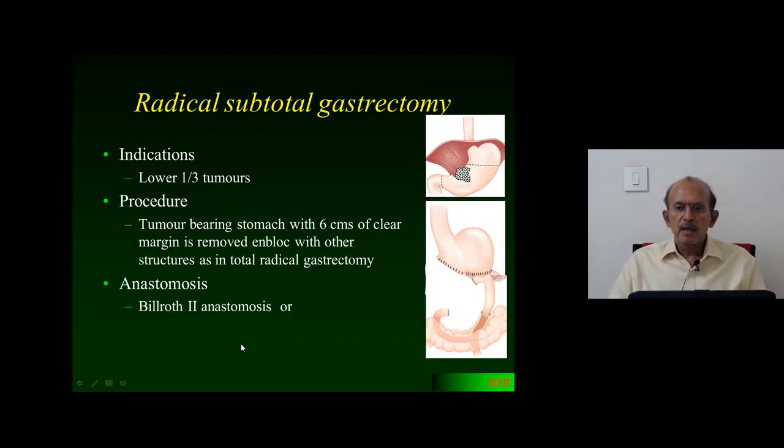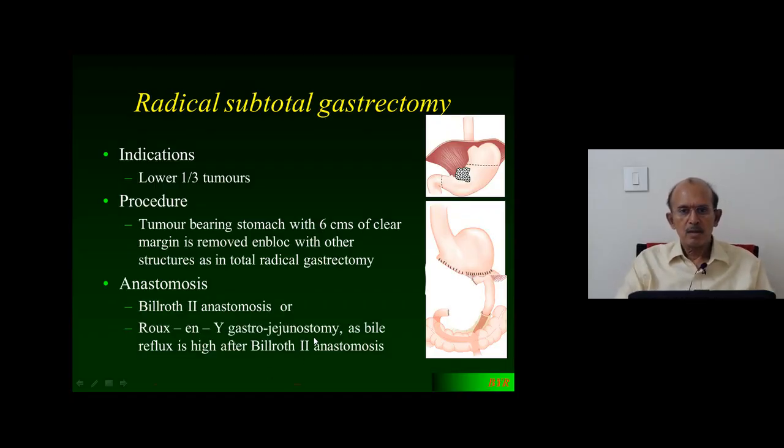Billroth 2 means it is partial gastrectomy followed by gastrojejunal anastomosis. Billroth 1 means gastrectomy followed by gastroduodenal anastomosis. So you can do Billroth 2 anastomosis, or you can do Roux-en-Y gastrojejunostomy, as bile reflux is high after Billroth 2 anastomosis.